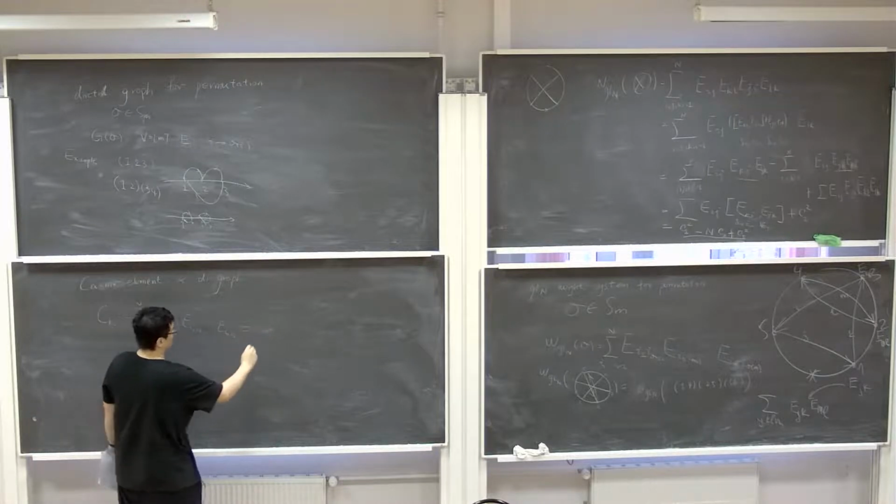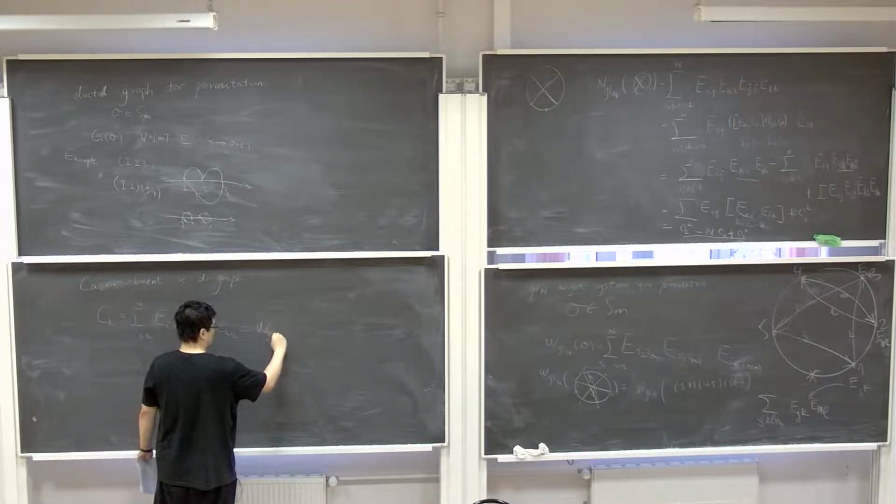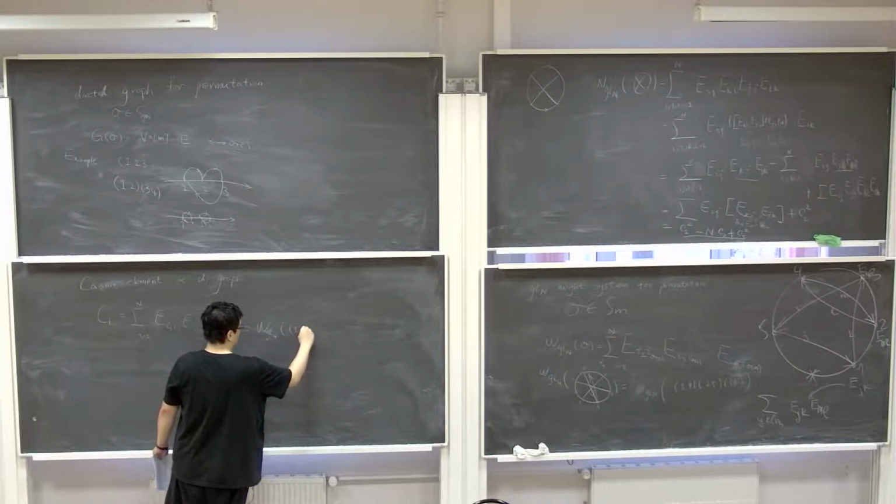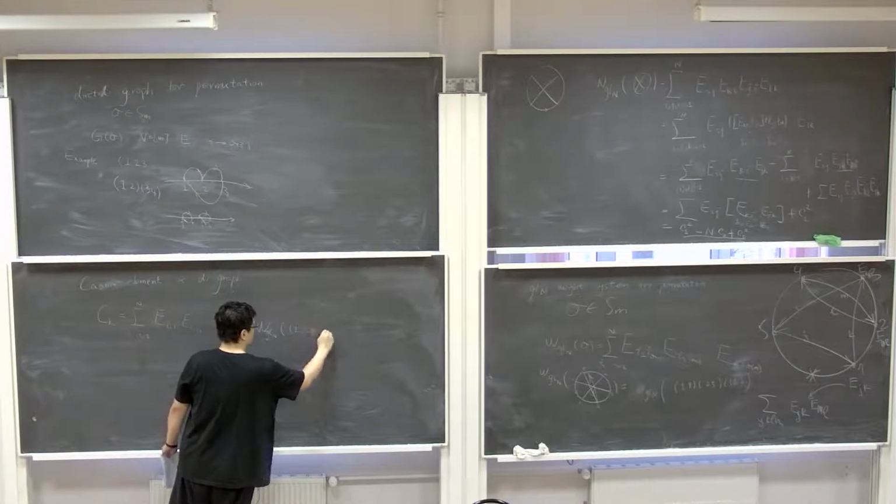You can check the definition. It's a weight system of the permutation 1, 2, 3, ..., k.